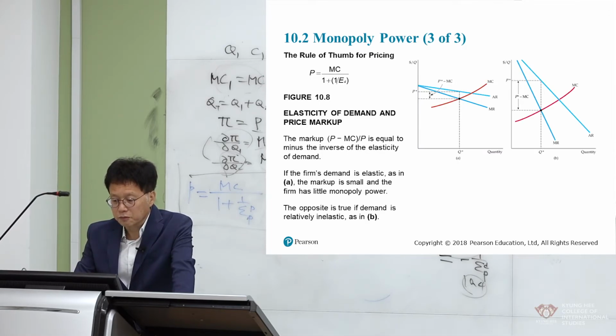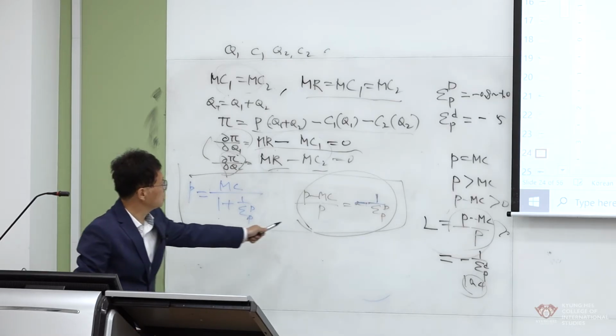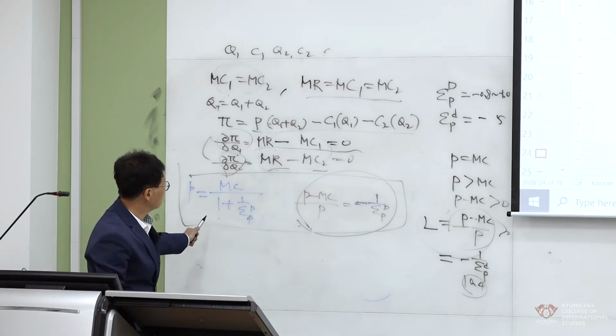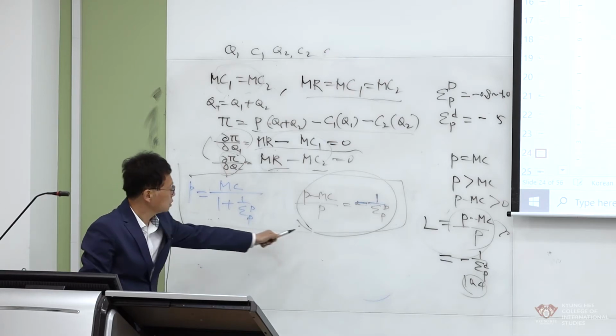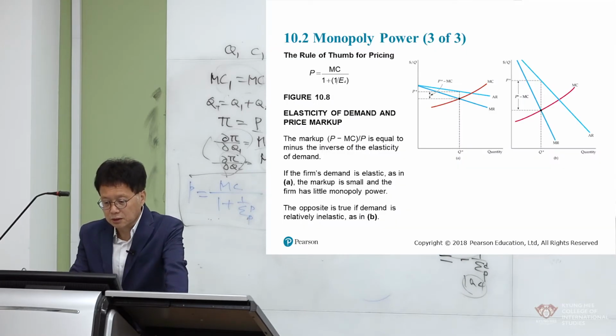The rule of thumb for pricing. Price is equal to this or this, equation 10.1, 10.2. Anyway, price is like this. Figure 10.8, look at these two figures. First, look at panel A. Marginal revenue is equal to marginal cost, so the profit-maximizing quantity is Q star.